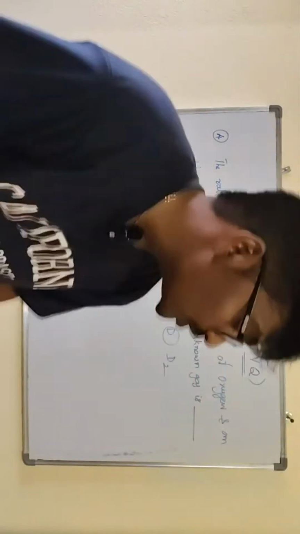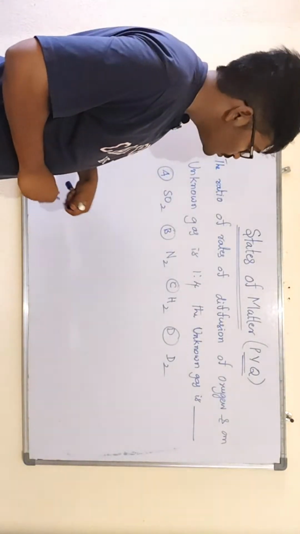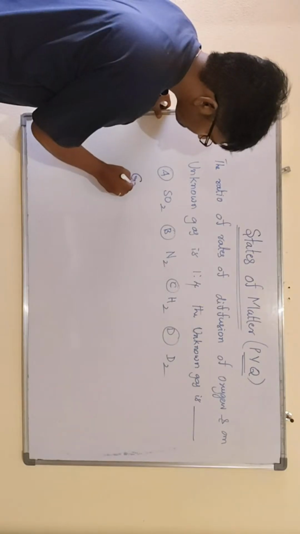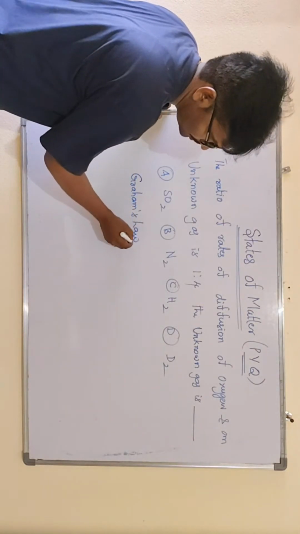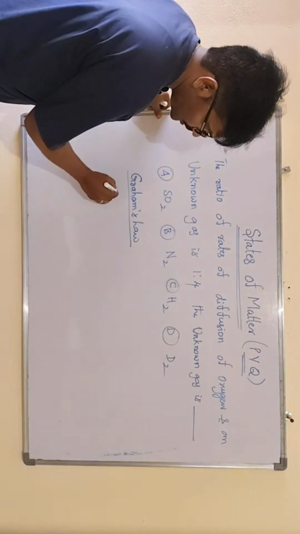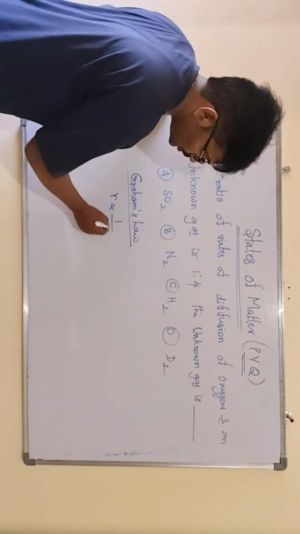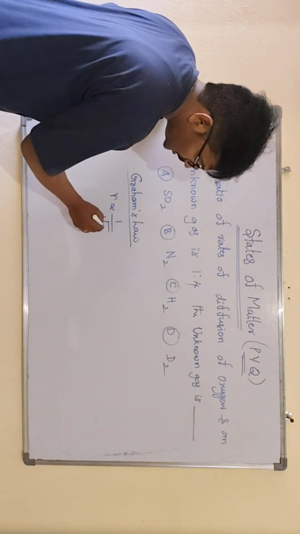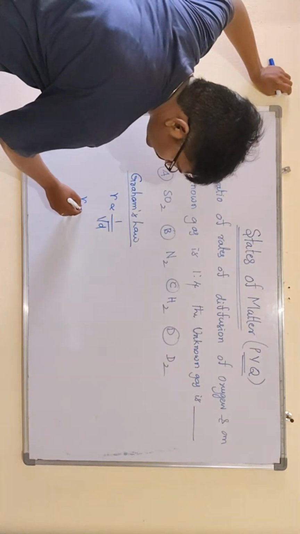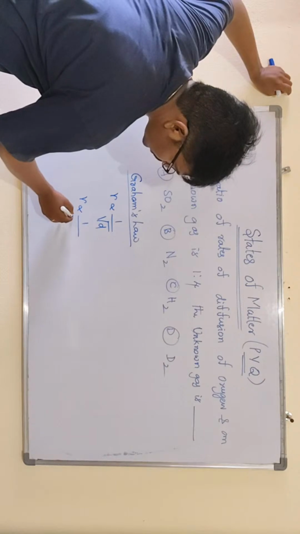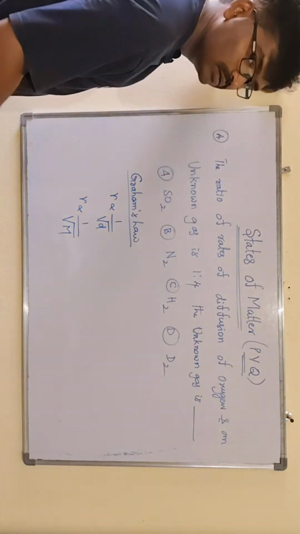So observe the question carefully. This is based on Graham's law, I told. So what is Graham's law? The rate of diffusion of any gas is inversely proportional to the square root of its density, or inversely proportional to the square root of its molar mass.